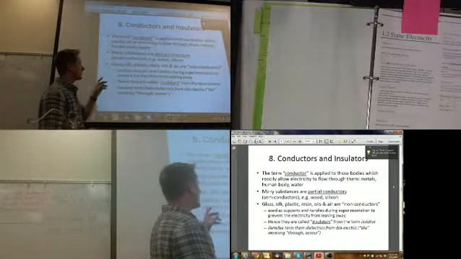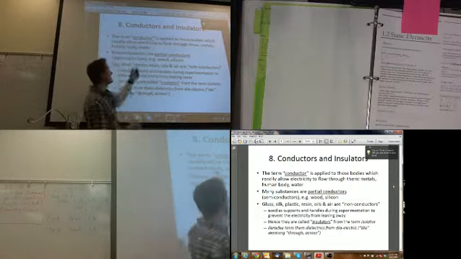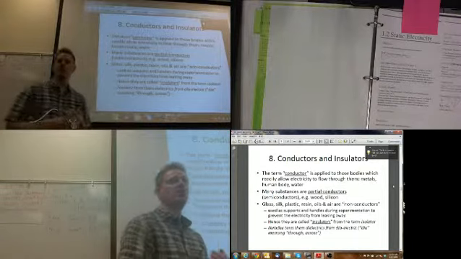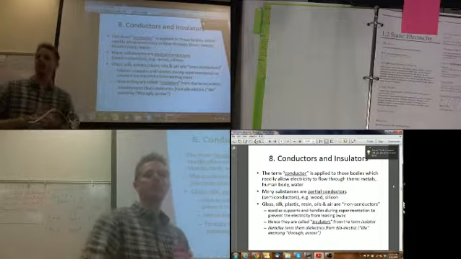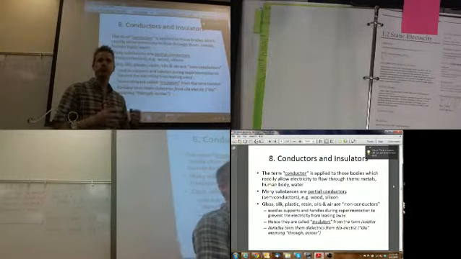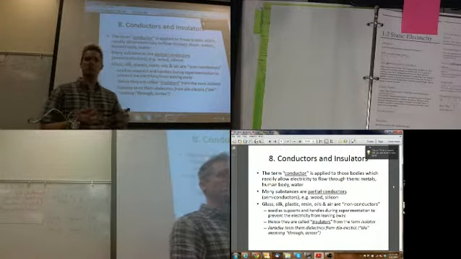But here's the thing: nothing conducts. Even metal doesn't conduct perfectly. And no insulator is a perfect insulator. That's where we get the idea of resistance. The idea of resistance is you can't really call something a conductor or an insulator.